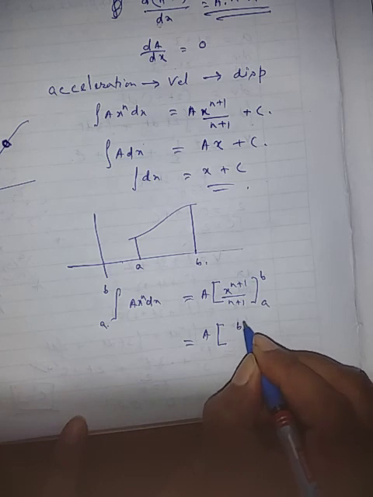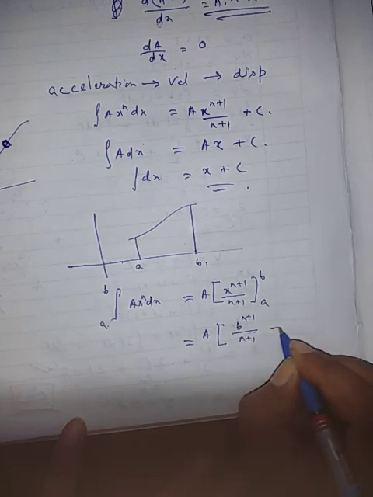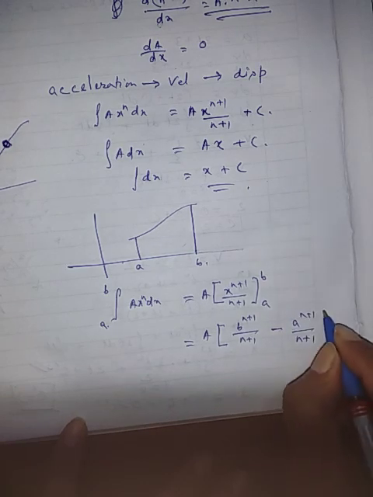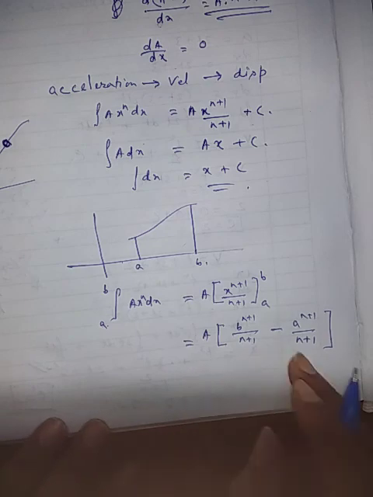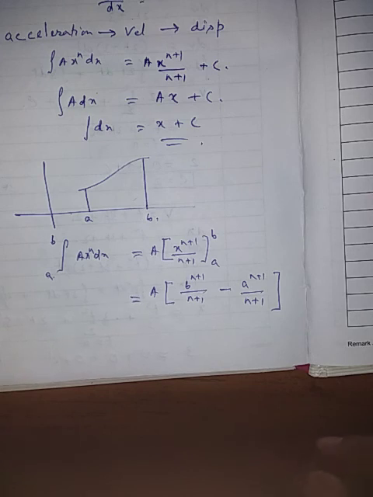It is b to the power n plus 1 divided by n plus 1 minus a to the power n plus 1 divided by n plus 1. And these kind of results we are going to use in deriving equations of motion.